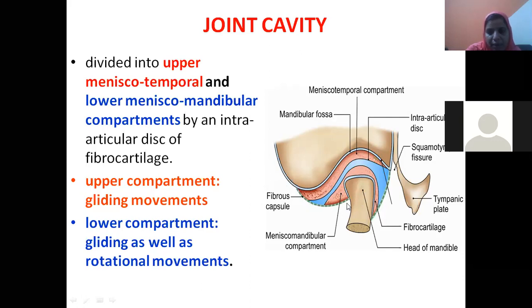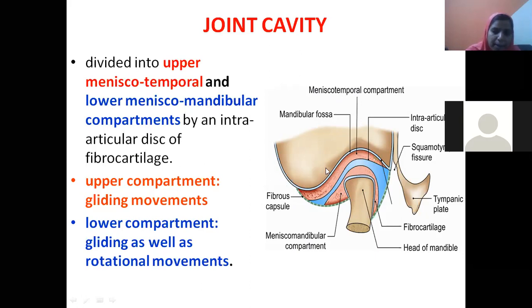Outside we have the fibrous capsule, green dotted lines. The intra-articular disc is blue in color. Above, what is the name of the compartment? Menisco-temporal compartment. Below, what is the name of the compartment? Menisco-mandibular compartment. So, the menisco-temporal and menisco-mandibular compartments are divided by the intra-articular disc of fibrocartilage.